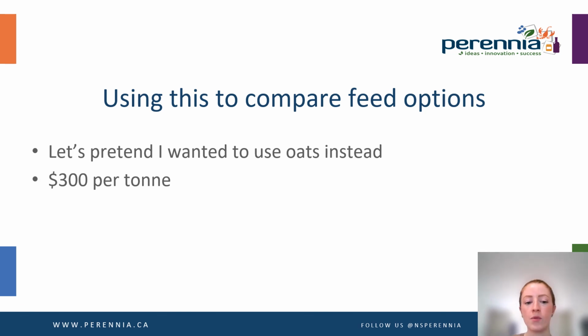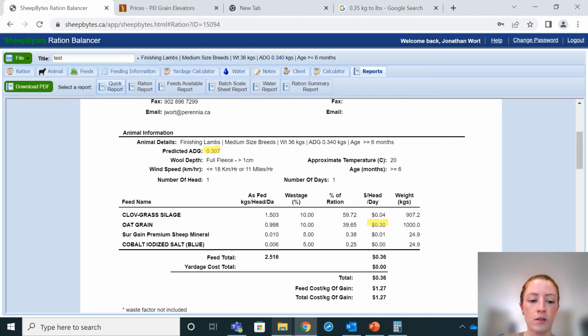So let's just pretend that I'm going to use oats instead, my previous option. And at the time that I was putting the slideshow together, last week, they were $300 per ton. So I'll see here that my predicted average daily gain is lower, but so is my cost to feed oats, which makes sense.